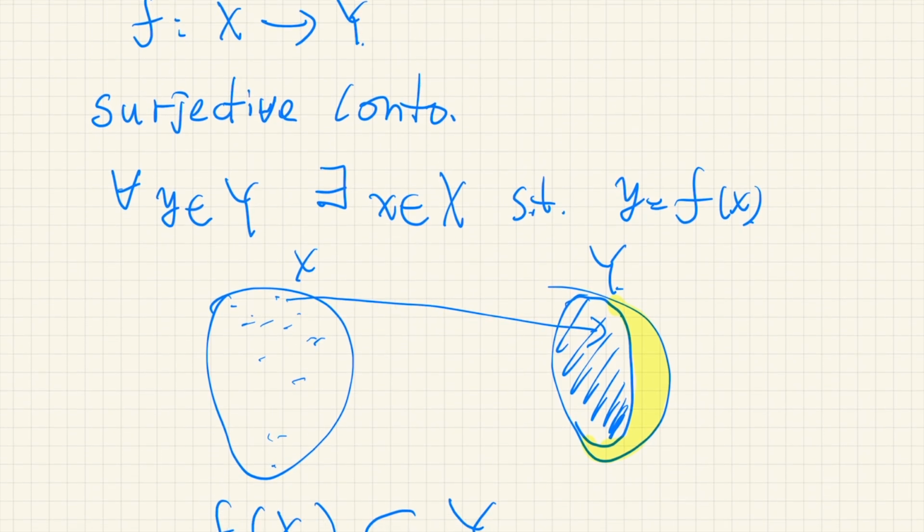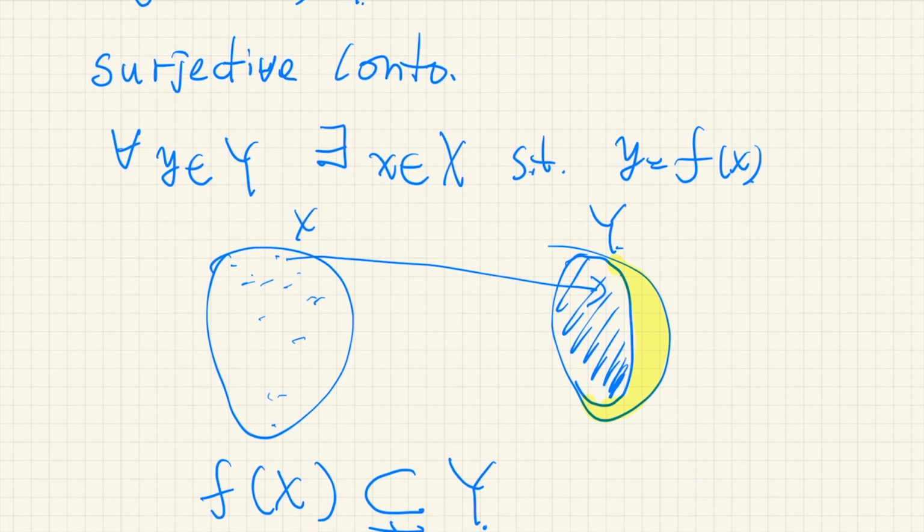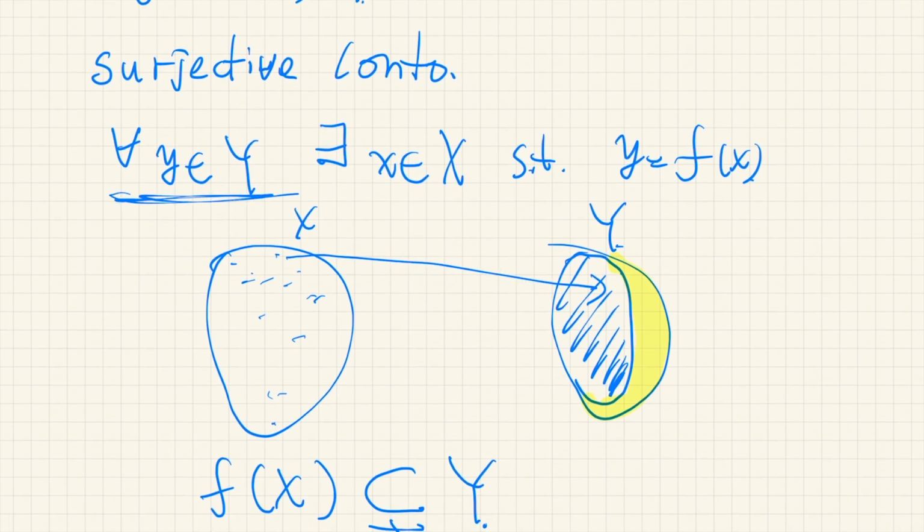But for a surjective map or onto map, this doesn't happen. So every element in Y has some counterpart in X such that that counterpart in X maps to that element in Y. So the entire Y is covered, so to speak, by this map from X. That is a surjective or onto map.